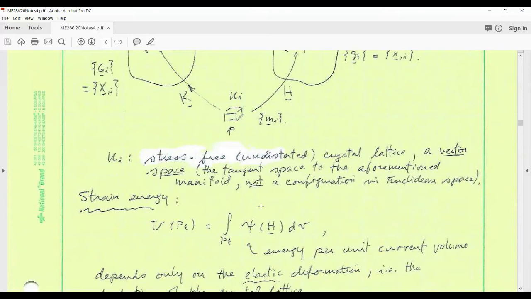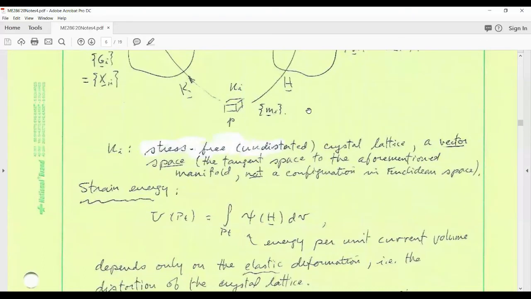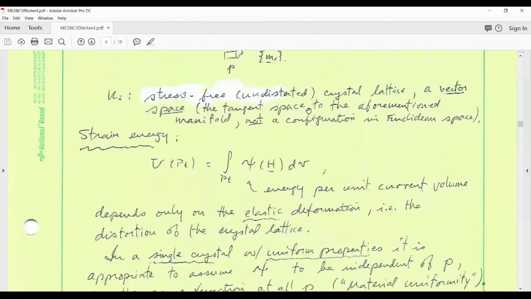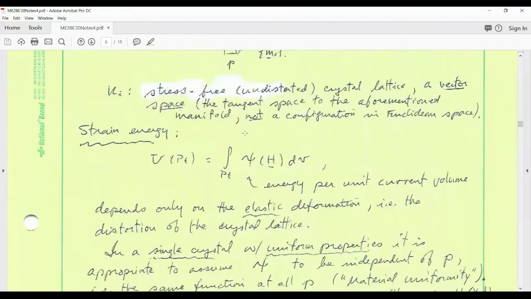So ultimately, it's an energy that depends on the elastic stretch. Here we're doing exactly the same thing. We're taking the energy to depend only on the elastic deformation, the elastic part of it, and we'll take it to be per unit current volume. We can always do that. It's not convenient for analysis, but we can certainly define an energy per unit current volume.